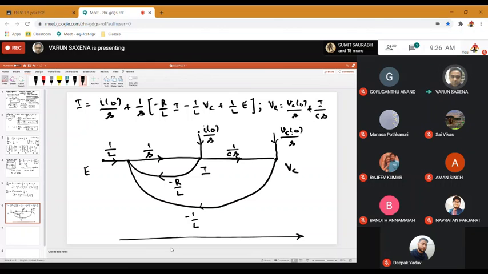This is your signal flow graph for this problem, and that's how you make it. So basically this is also one of the problems that could be asked, that you're given a state space diagram or you're given a state space equation and you have to create a signal flow graph. So all you need to do is that you need to take a Laplace transformation and you need to get the governing equations for the state variables. In this case it was capital I and capital Vc, and from there you see what things get added and what things are getting subtracted, and you basically create this diagram.